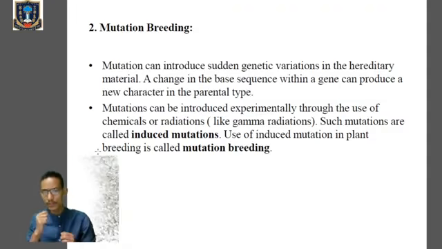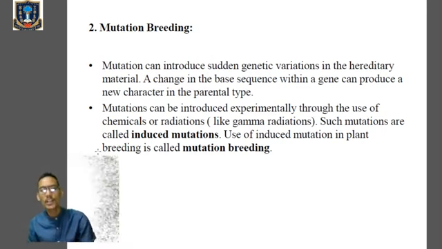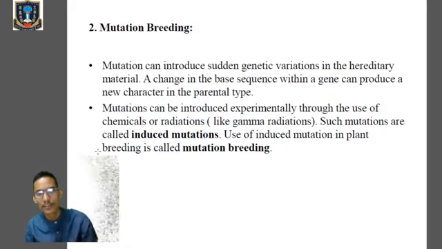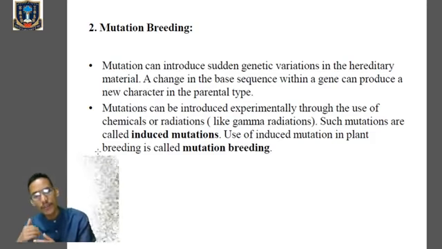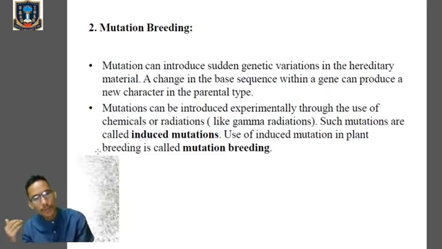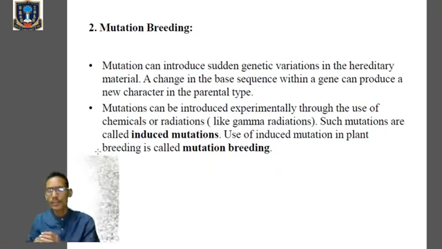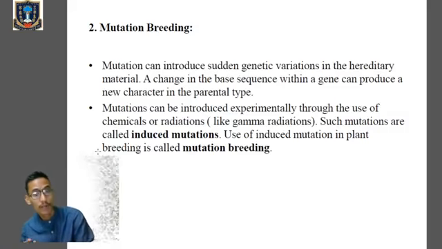The use of this induced mutation in the plant is called mutation breeding. Therefore, the technique of using mutation in the field of plant breeding in order to develop disease resistant plants, or to incorporate genes within the plant, is called mutation breeding.